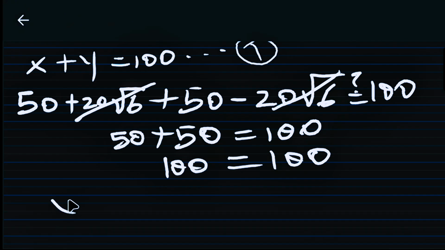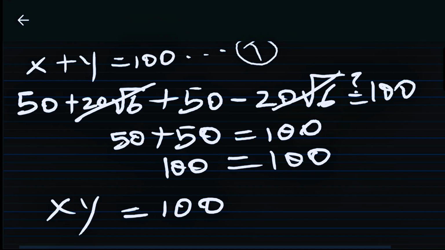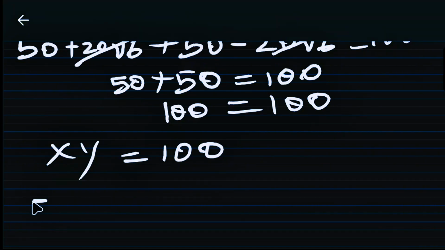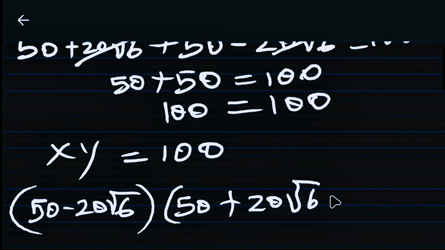Equation 2 is x y equals 100. Okay, so we are going to multiply these two. So it's going to be 50 minus 20 square root of 6, then multiply by 50 plus 20 square root of 6. Would this give us 100?